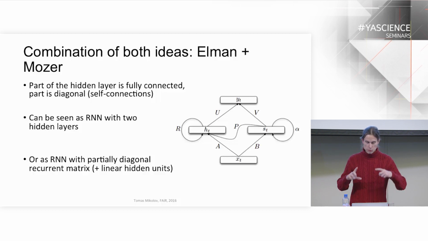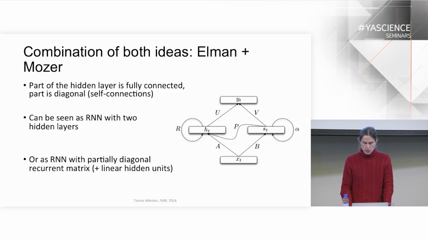So instead of having a full recurrent matrix that is dense, for this Mozer's hidden layer we have just a single parameter per hidden neuron for the recurrent connections. It can be seen as a diagonal recurrent matrix.